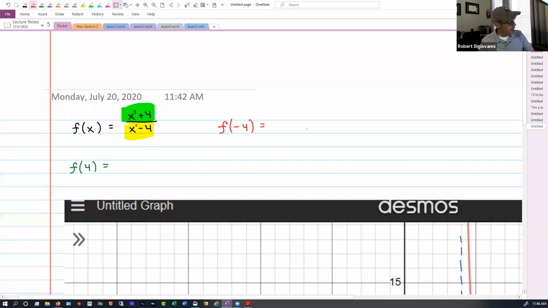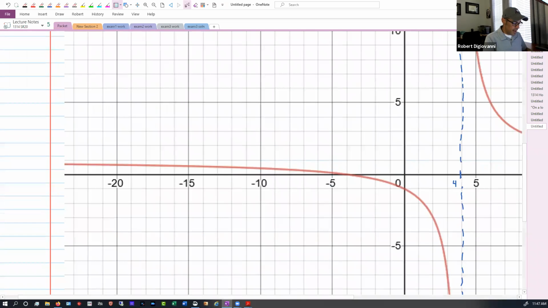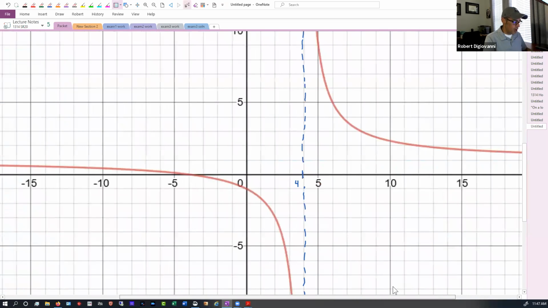That would give us 0 on top, and it would give us a negative 8 on the bottom. So 0 over negative 8 is just 0. So look at your graph. Do you all see that when x is negative 4, that's right there? What is that? What do we call that part of the function that crosses the x-axis? What do we call that thing?